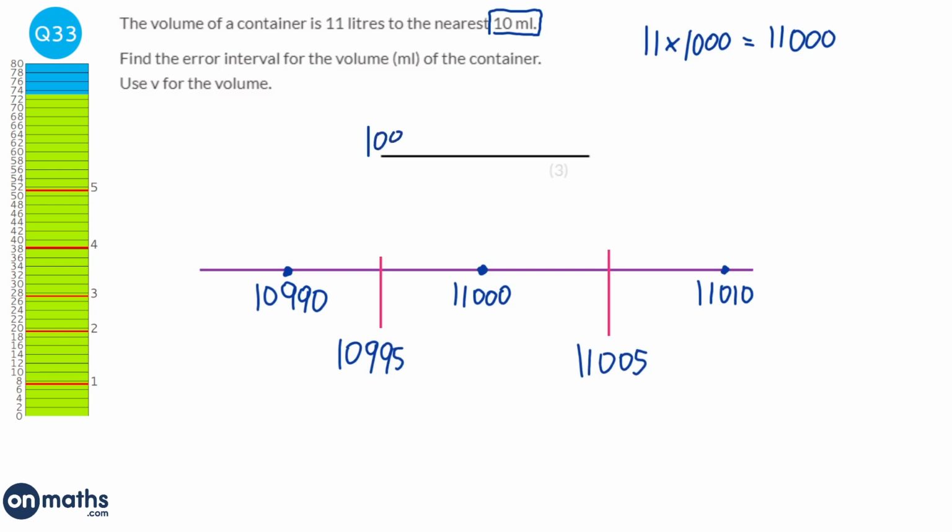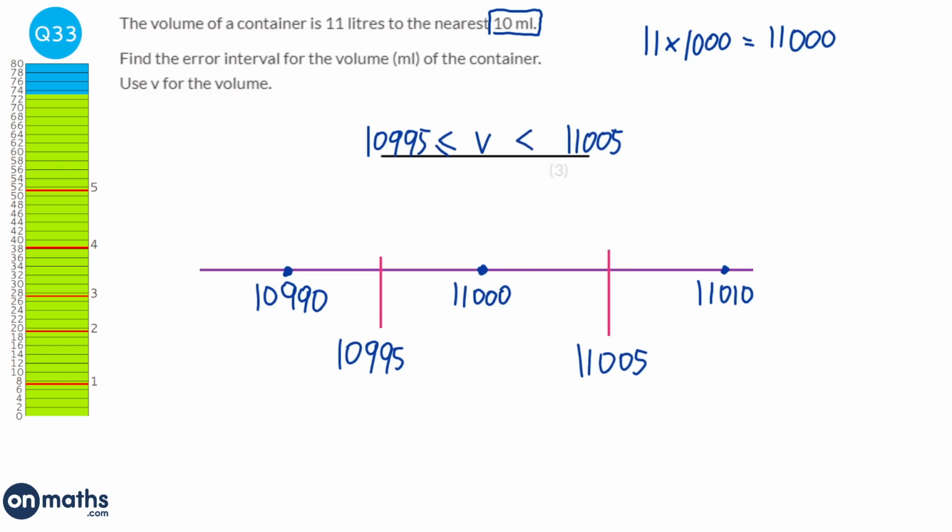And so that is going to be our upper and lower bound. And we just need to say that V can be anything above the 10,995 and including that, and it can be anything below 11,005, but it can't include that, because if it did, if it was 11,005, it would have rounded up to 11,010.